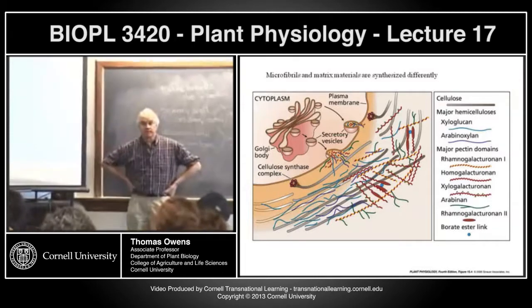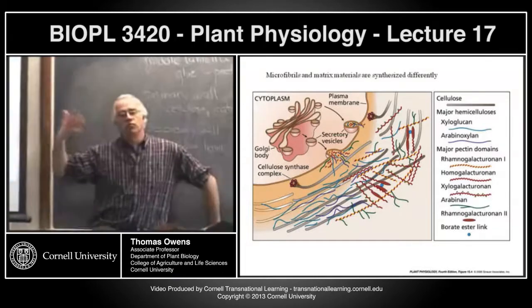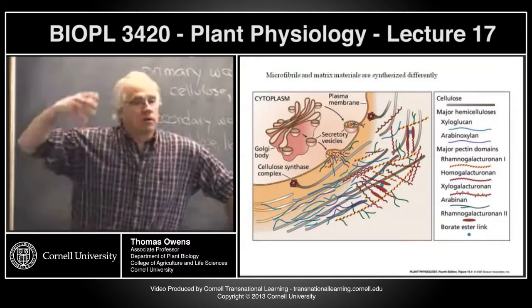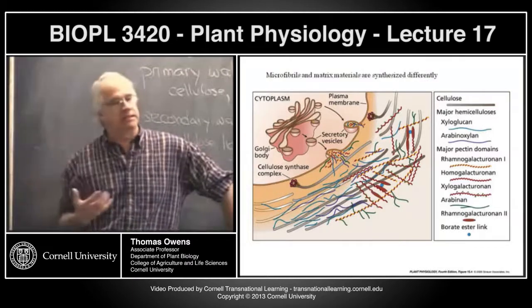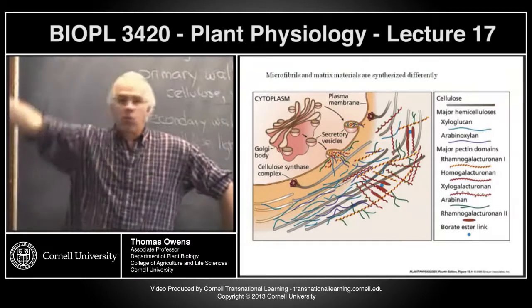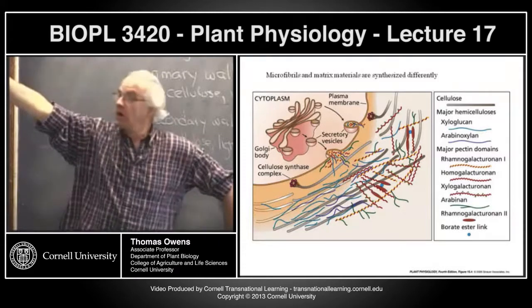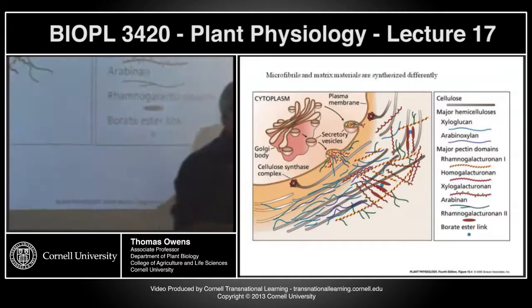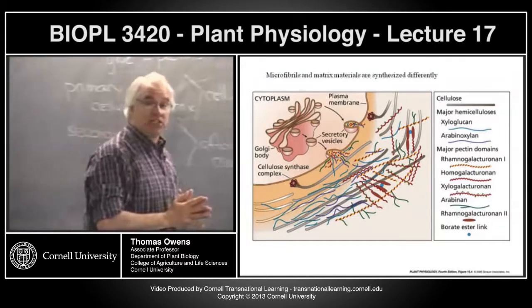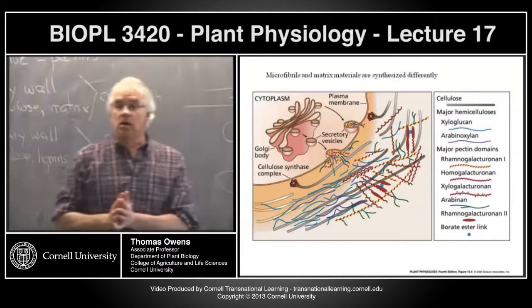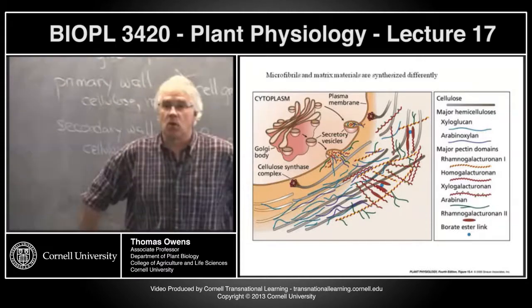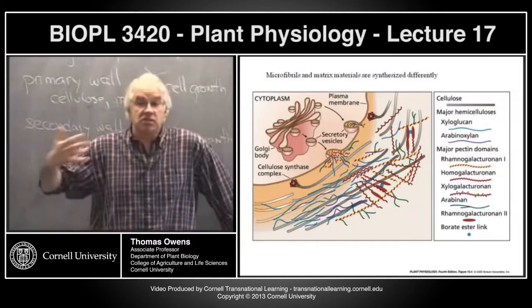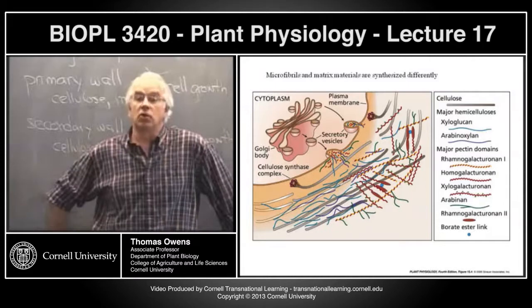And so one of the things that you might think about the characteristics of the cell wall is all the basic construction is done inside the cytoplasm. What holds the wall together? Are there covalent bonds that are formed out here when the cell wall is being formed? And the answer to that is, in general, no. Most of the cell wall is held together by hydrogen bonding, non-covalent interactions. There are some covalent ones, but they're the minority.